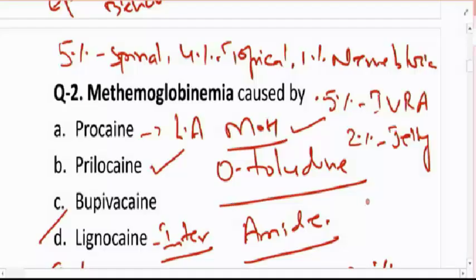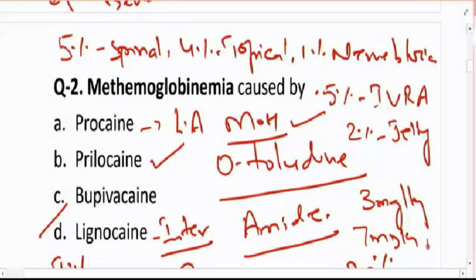Maximum dose is 3 mg per kg body weight without adrenaline and 7 mg per kg with adrenaline.